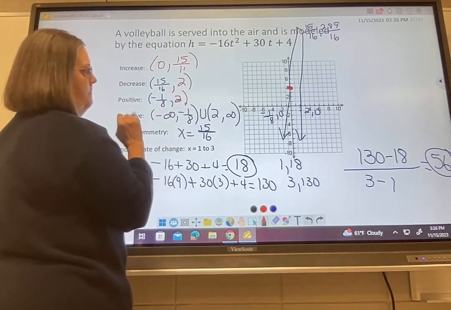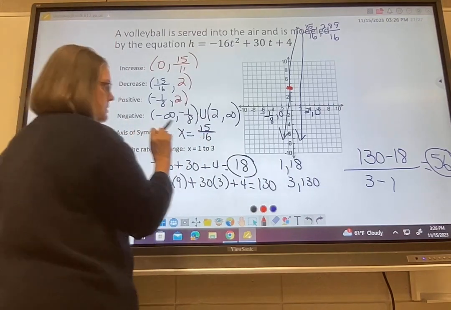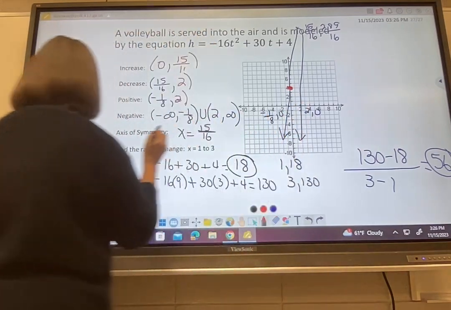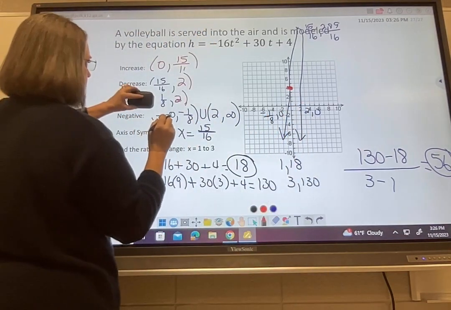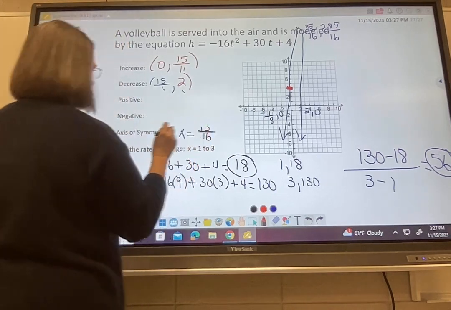So this is positive. Again, we're talking about real world. It is positive from 0 to 2. And I wrote -1/8. There is no -1/8 time. So it is positive from 0 to 2.